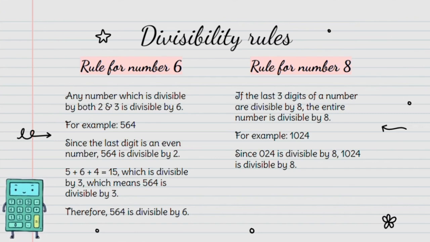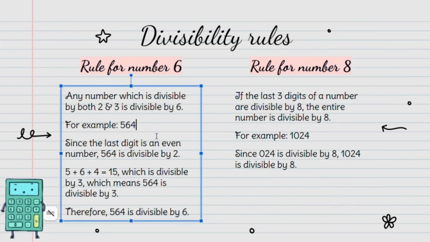Okay, now the rule for number 6 says that the number has to be divisible by both 2 and 3. So you're going to have to apply both the rules here to find out if the number is divisible by 6. So you have to check if the last digit is an even number or if it's divisible by 2, which it is because 4 is divisible by 2.